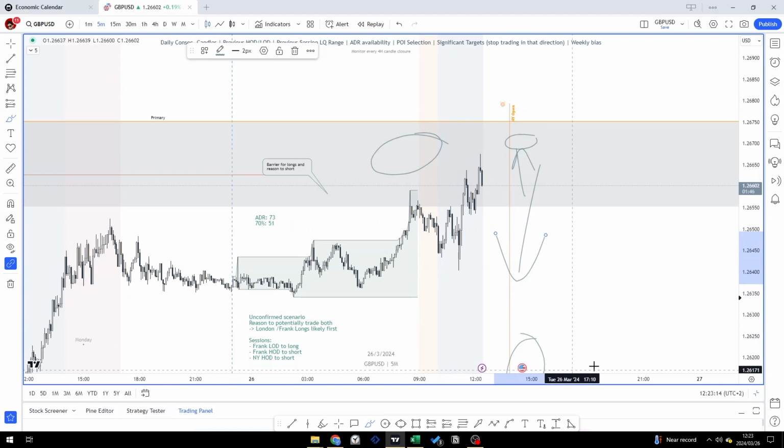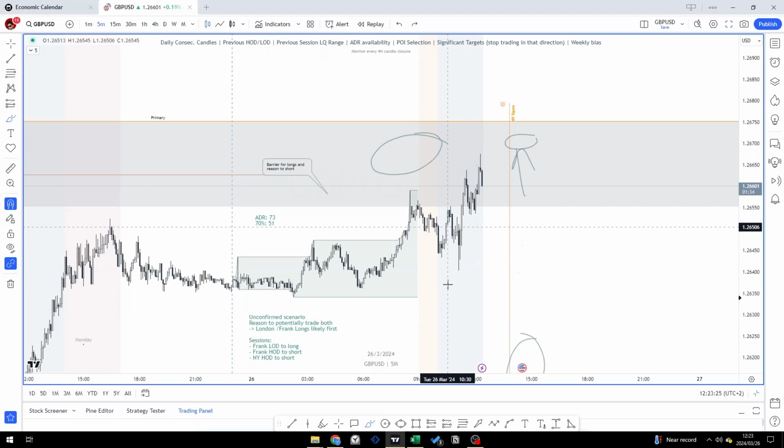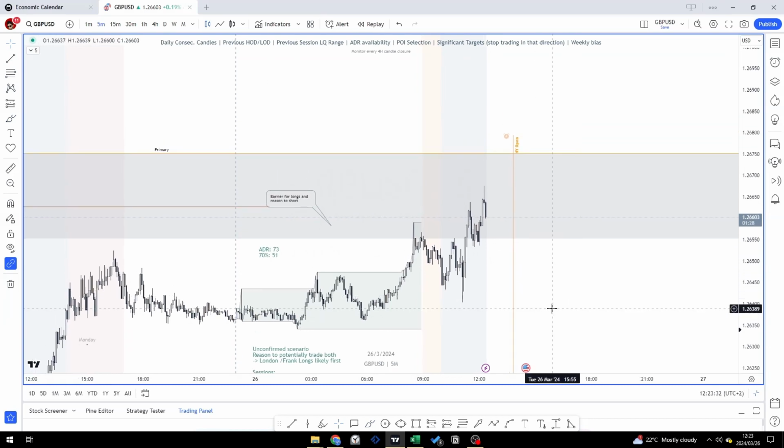If we don't get a New York high of the day and the London high of the day is there, then we simply won't trade, because in terms of my trading and testing, it's low probability to trade based on a London high of the day. Whilst it might hold, it might not. It generally doesn't follow through.